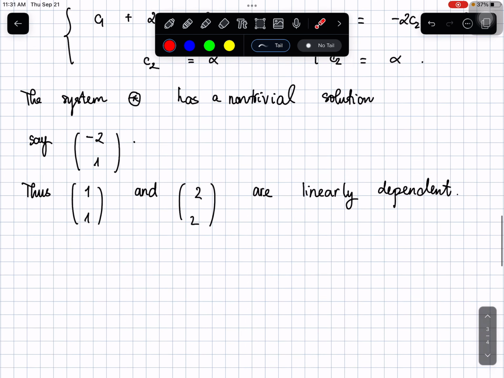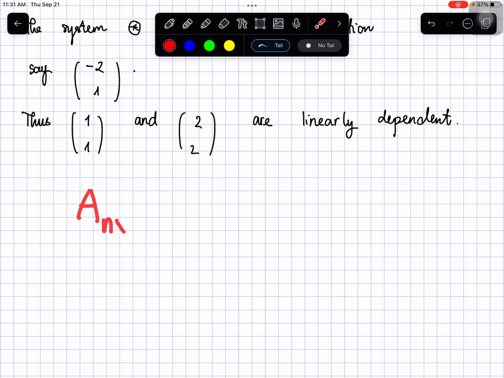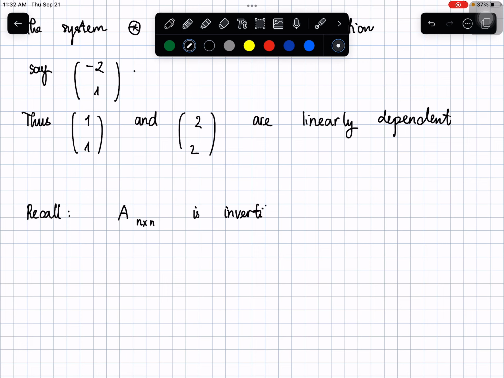So recall the theorem saying: A is a square n by n matrix, and A is invertible if and only if the system Ax equals 0 has only the trivial solution.